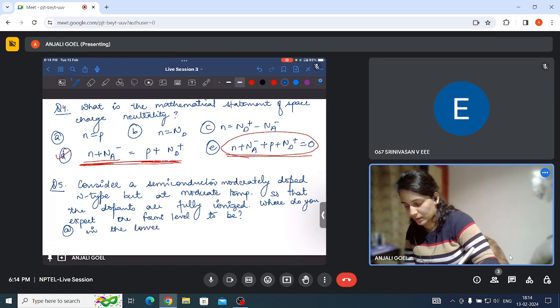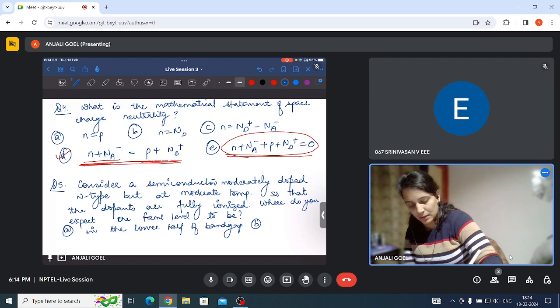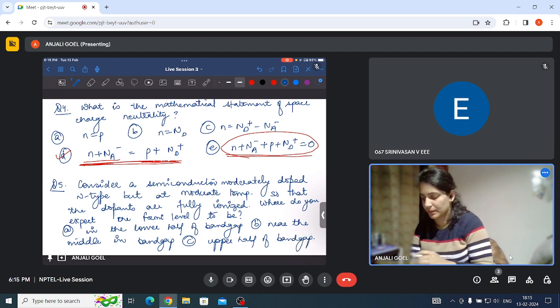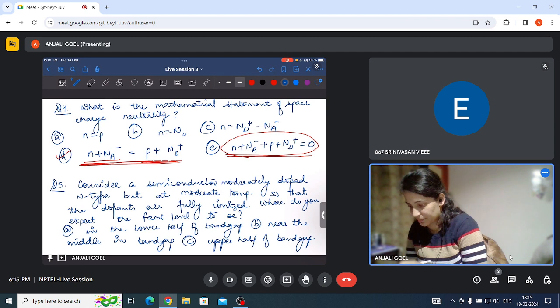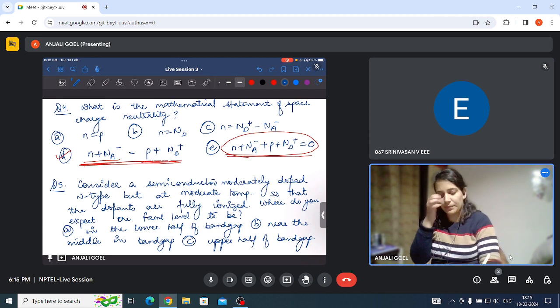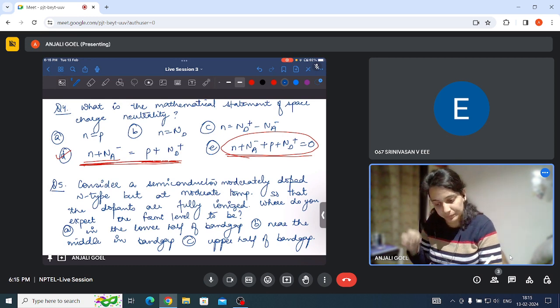In the lower half of the band gap, near the middle, in the band gap, or in the upper half of the band gap. C, right, ma'am? Yeah.